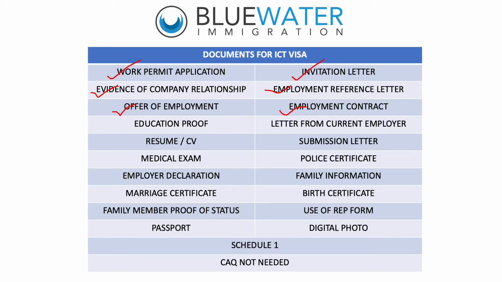The employment contract states in detail exactly what the roles and responsibilities are going to be: the duties of each of the jobs they'll be doing, the hours that they'll be working, more information about wages, commissions if any, accommodation arrangements, and any holiday and sick leave entitlement. So it really goes into the details and specifics of the exact offer of employment. It always goes hand in hand: you've got the offer of employment and you also have the employment contract that details everything out.